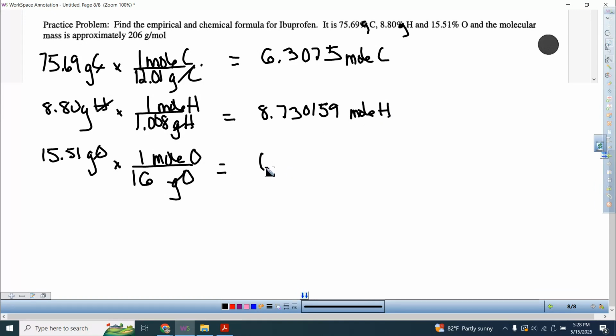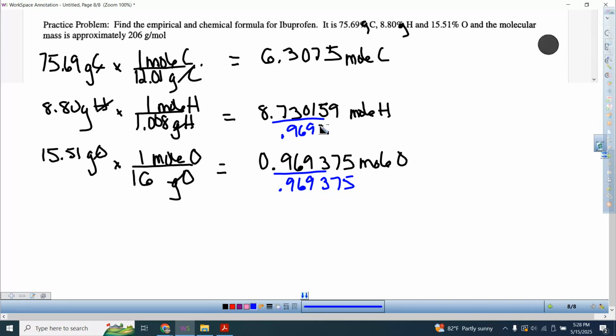And for the oxygen, I get 0.969375 moles of oxygen. And then the step we don't want to forget is to pick the one that's the smallest and divide by that smallest number of moles. And oxygen has the smallest number of moles.